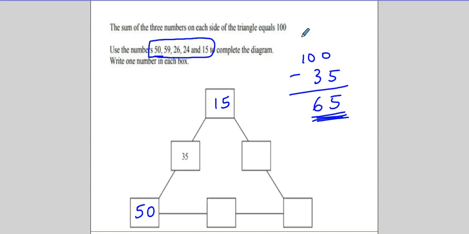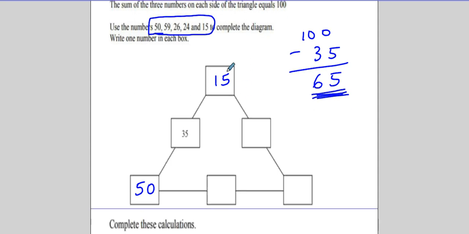Now we know the number over here, so we have to find the numbers in these two boxes. The idea is when you add these numbers, you must get 100. That's the concept behind it. Now let us try. This is already 15, so subtract 15 from 100.